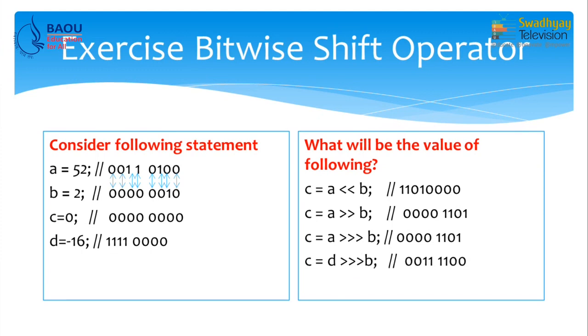Here we have D initialized to minus 16, whose binary equivalent is shown in the comment. It will shift all the bits by 2. Now the most significant bit is initialized to 0, so my value becomes positive. So, this is the only difference between the two forms of bitwise shift right.